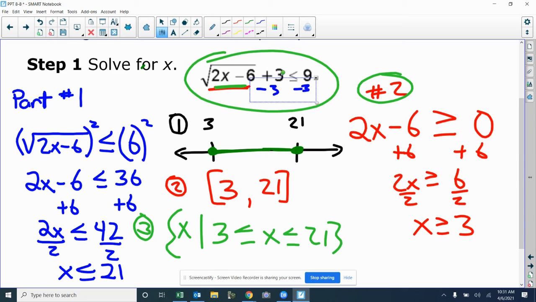How do we feel about that? Okay, let's try one more. I'm just going to do one. I'm going to let you get a head start on me, see how far you can get on both parts. I want you to do it as a number line, interval, and set builder.